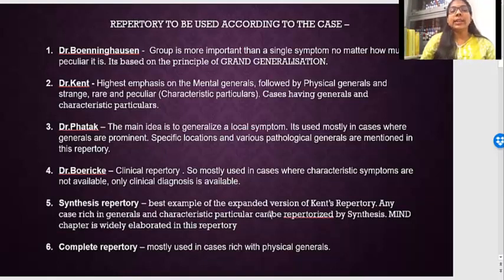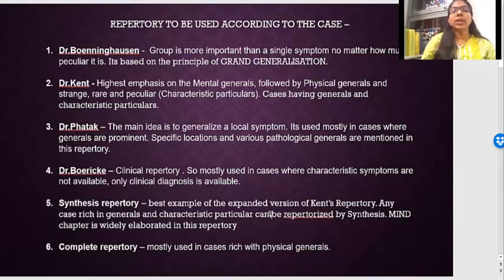Similarly, Dr. Kent has given highest emphasis to mental generals, followed by physical generals, and then the strange, rare and peculiar symptoms. So Dr. Kent's repertory was used in cases having generals and characteristic symptoms.